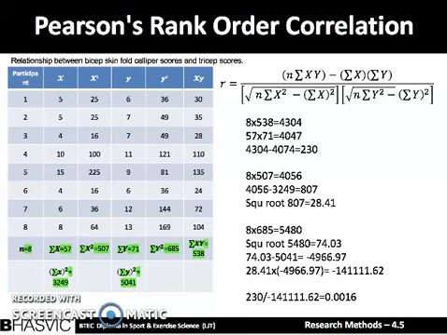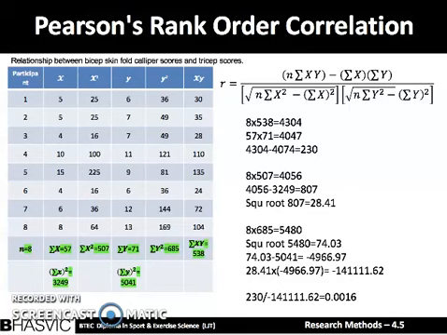So the next stage of that is 74.03 subtract 5041, because you're subtracting the sum of Y squared, and the sum of Y squared is 5041. So 74.03 minus 5041 equals minus 4966.97.